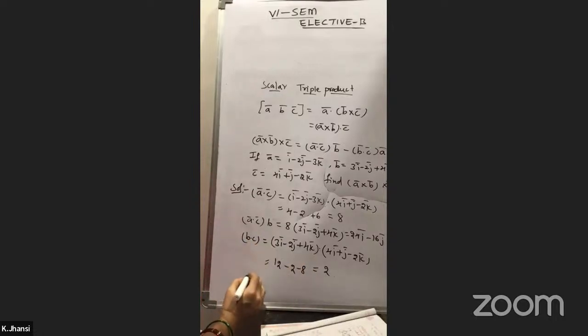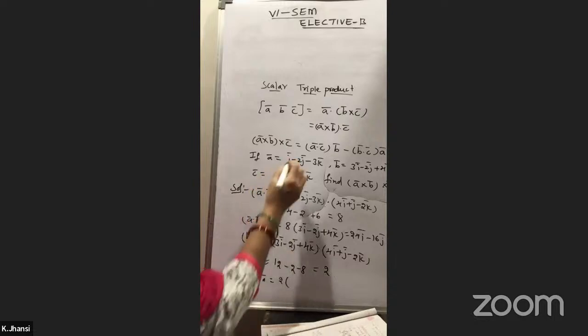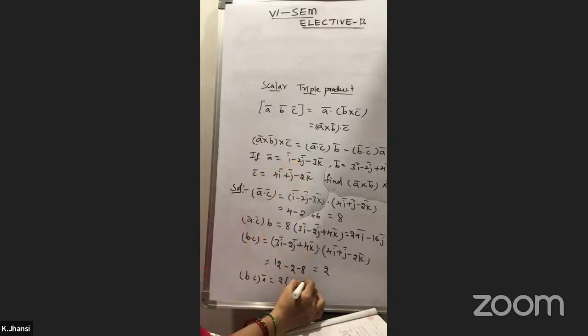So B dot C into A: B dot C value is 2, 2 into A value. A is i minus 2j minus 3k.